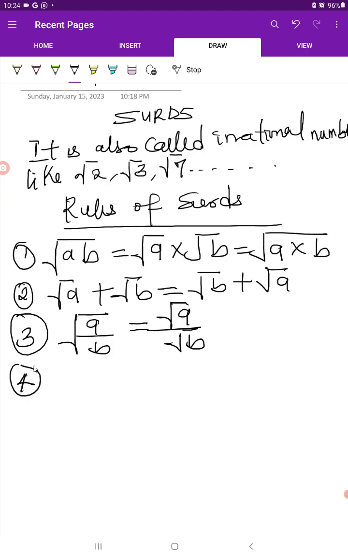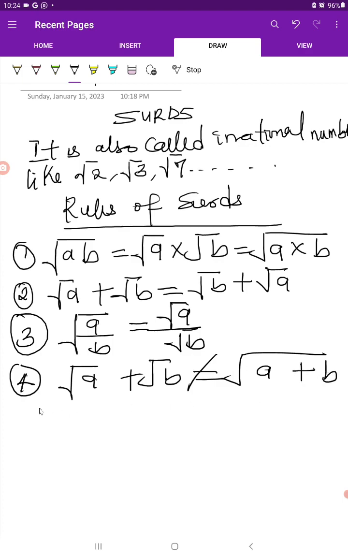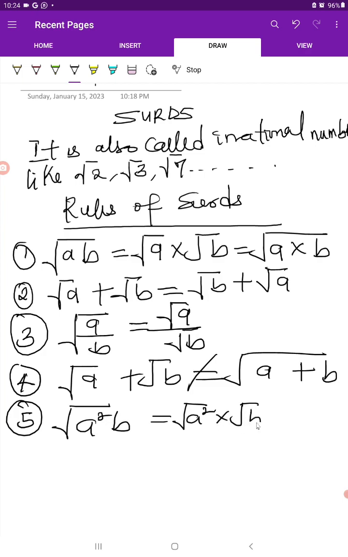Another one, law 4: root A plus root B can never be equal to root A plus B. Another law: root A squared B can be written as root A squared times root B, which is A root B. So that is the laws of surds.